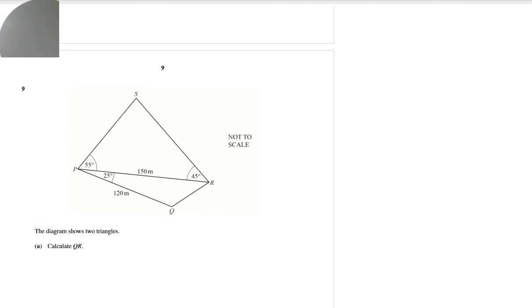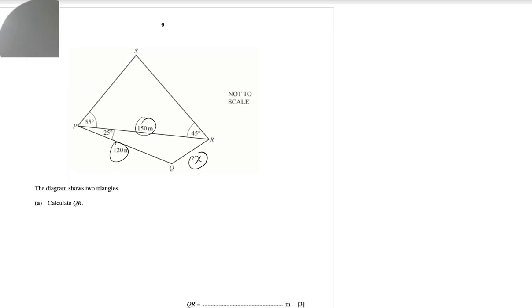Calculate QR. Three sides and one angle, cosine.